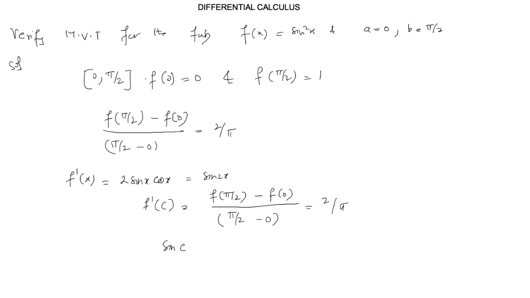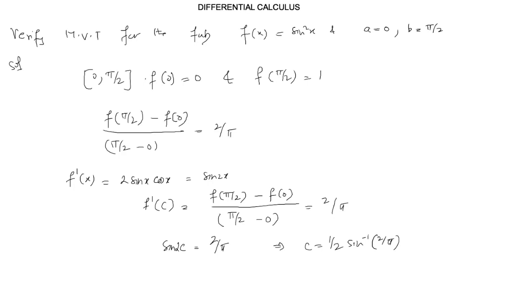Now we got sine 2c equal to 2 by pi, right? And this implies c is 1 by 2 sine inverse 2 by pi.